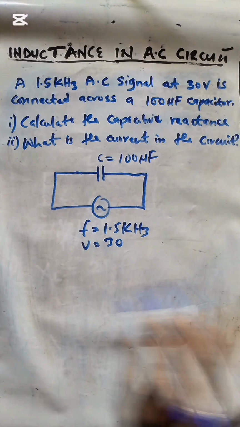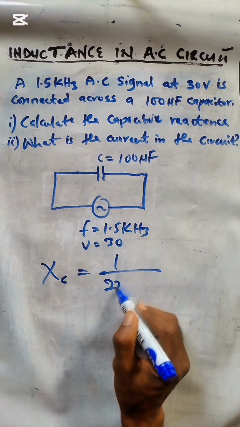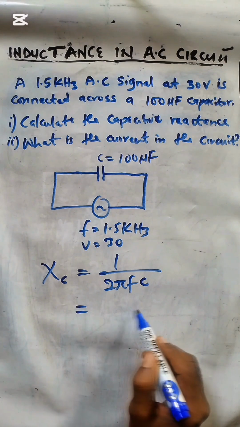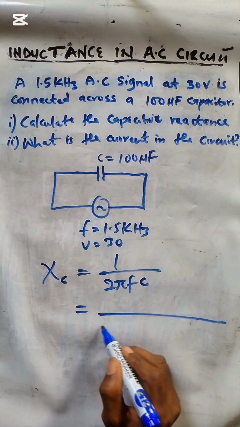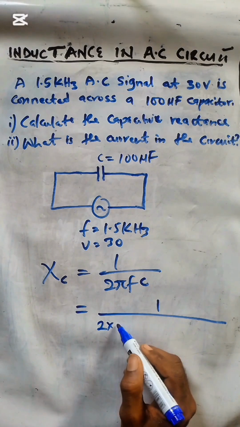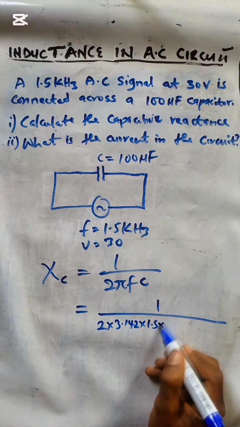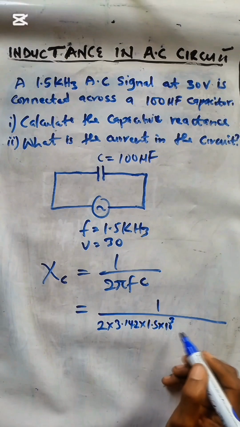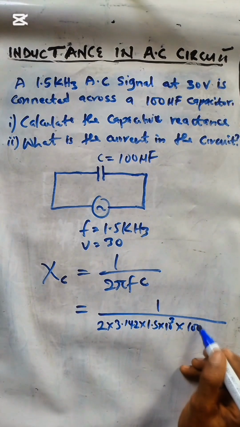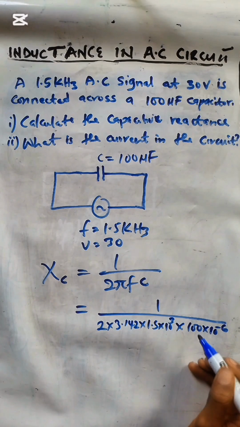So calculate the capacitive reactance. Now our capacitive reactance is given by the equation Xc = 1/(2πfC). This will give us 1 over 2 multiplied by 3.142, our frequency is 1.5 kilo, multiplied by 10 raised to the power 3, multiplied by our C, 100 microfarad, that is 100 multiplied by 10 raised to the power minus 6.